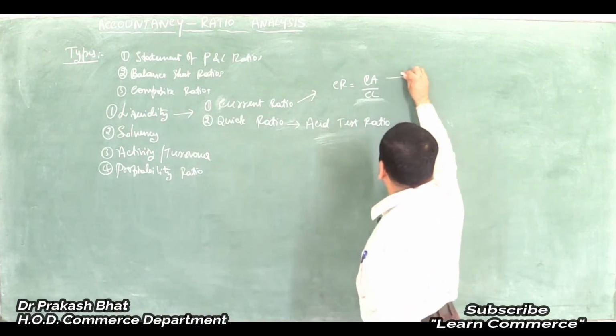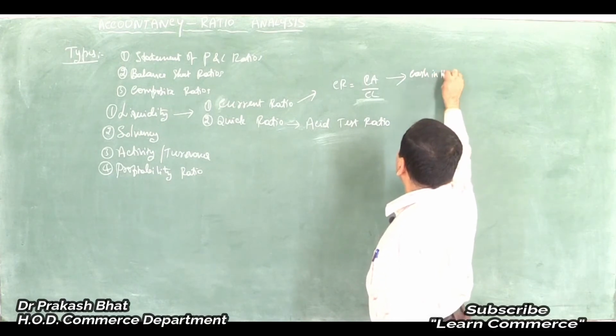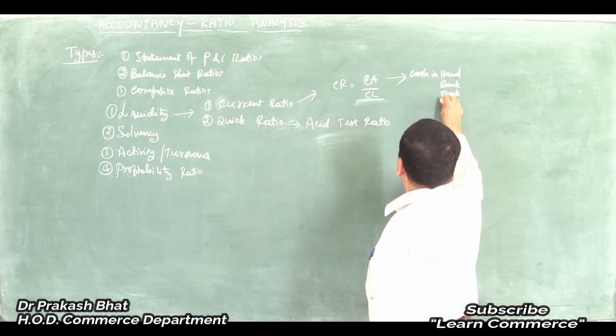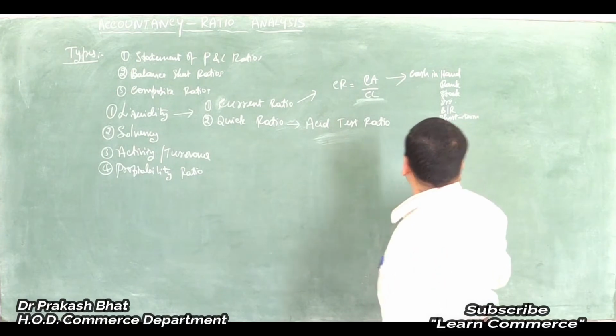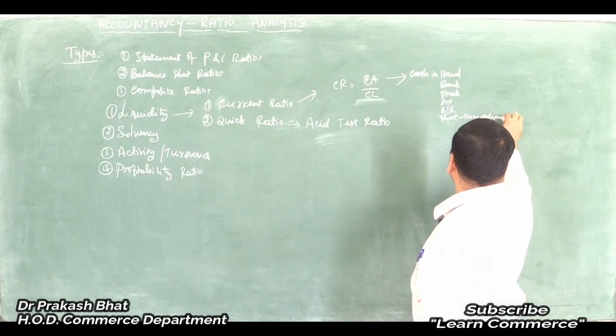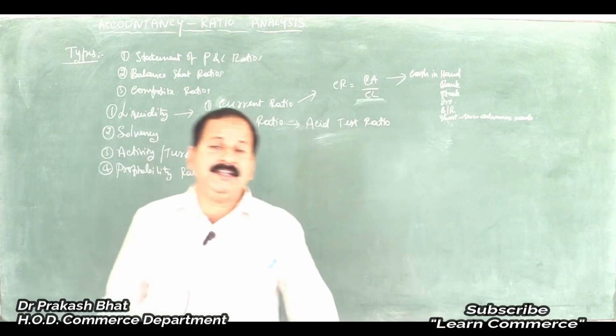Current assets mean cash in hand, cash at bank, stock, debtors, bills receivable, short-term advances made, or short-term investments. All come under current assets.